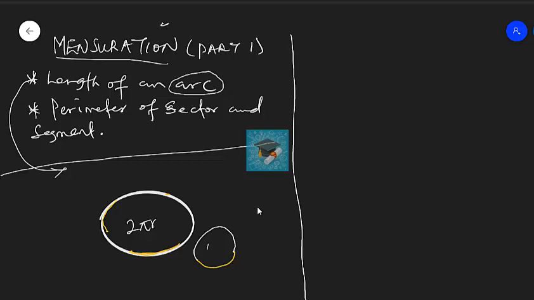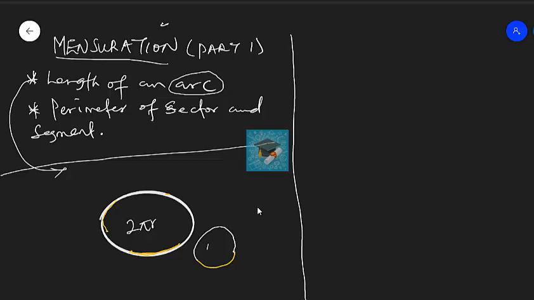So an arc can be of any length. You can see in my diagram that this longer arc drawn with white color is a long arc, and the one drawn with yellow color is a shorter arc. So it becomes important for you to know the length of an arc. How long is an arc of a circle?